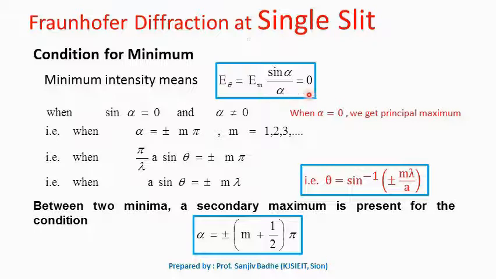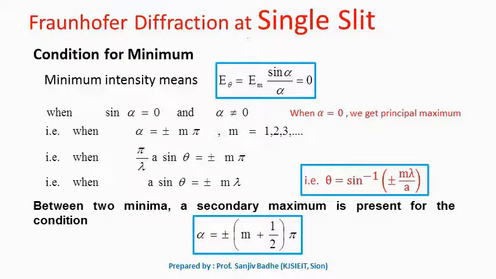Now this will turn out to be 0 when sin alpha is equal to 0, and alpha should not be equal to 0, because when alpha is equal to 0, we have seen we got principal maximum. So for minimum intensity, sin alpha should be 0, but alpha should not be 0. So this will be true when alpha is equal to plus or minus m pi, where m is equal to 1, 2, 3 and so on, integer.